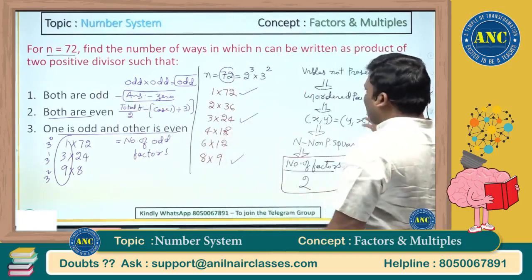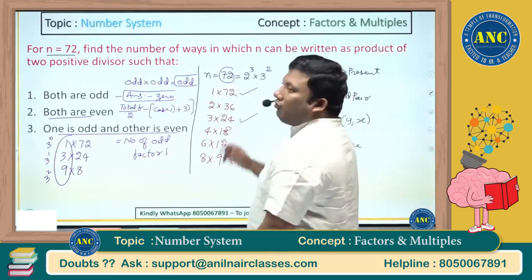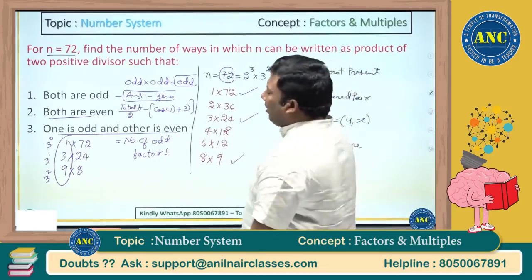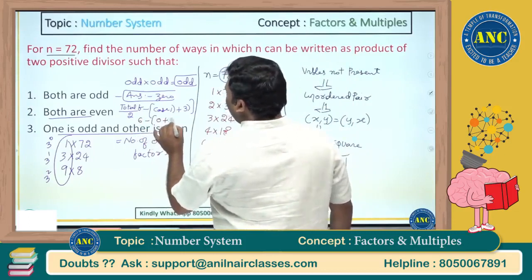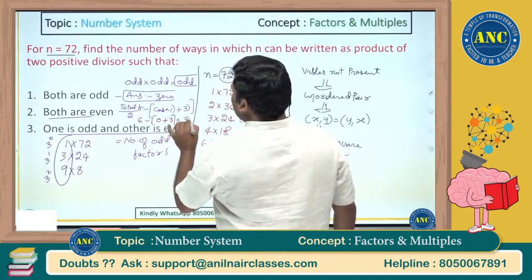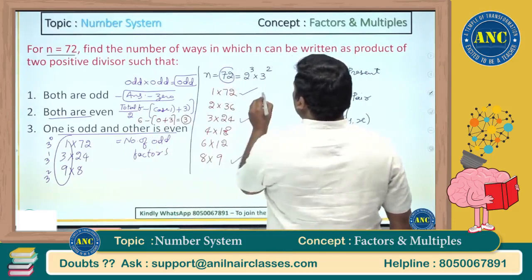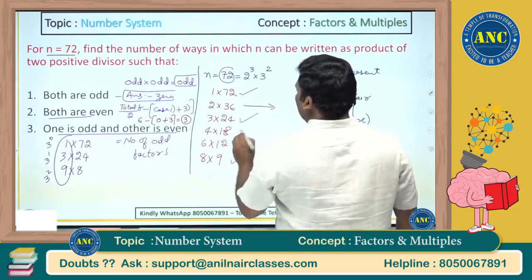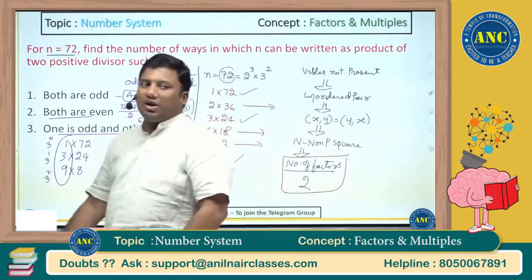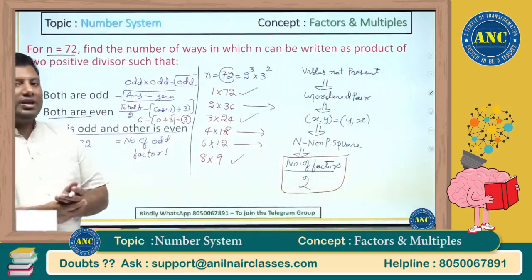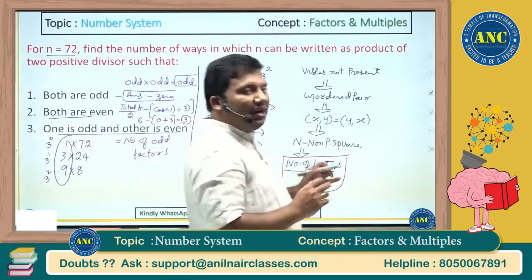Total factors is 4 into 3, 12, by 2, it is 6. 6 minus of 0 plus 3, 6 minus 3, it is 3. 1, 2, 3. I hope the logic is clear. Total 3 cases we got. I hope the idea is clear.